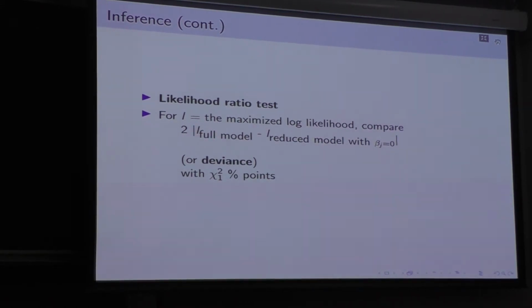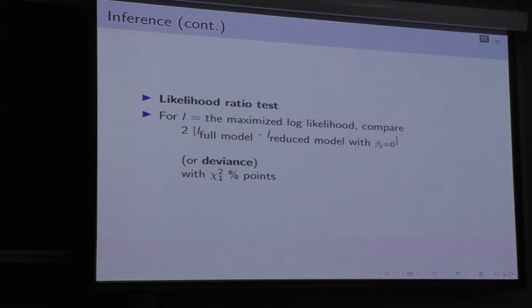So if this looks surprising against a chi-squared 1, then it makes a difference whether you use the full model or the reduced model. If it makes a difference, doing the reduction is not a sensible thing to do. If it doesn't make much difference, you might as well get away with a simpler model and just miss out variable xj. That's the same reasoning as you would ordinarily use when choosing what model to fit.